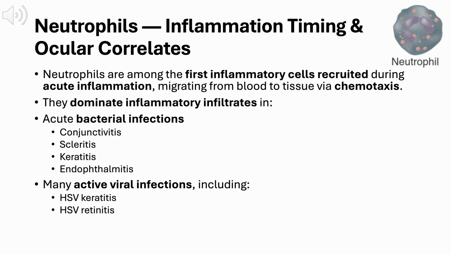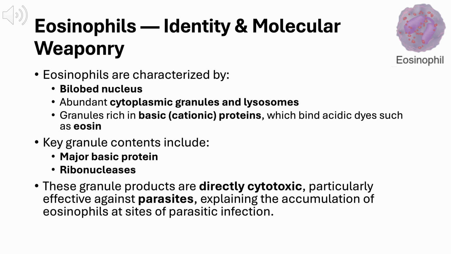Moving next to eosinophils, these cells are identified by a bilobed nucleus and abundant cytoplasmic granules and lysosomes. Their granules contain basic or positively charged proteins that bind acidic dyes, such as eosin, which gives the cell its characteristic staining pattern. The key granule products include major basic protein and ribonucleases.